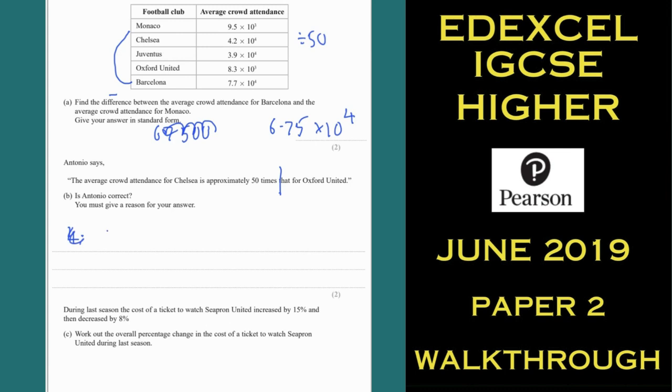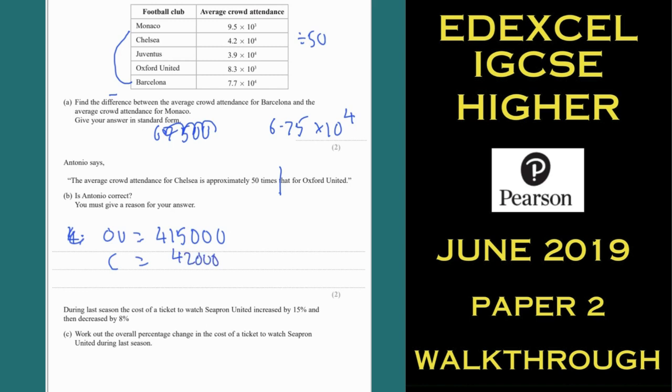On my worked answers, I looked at Oxford. When you times it by 50, you get 415,000, says the calc. When you look at Chelsea, let's take it out of standard form. That number is actually 42,000.